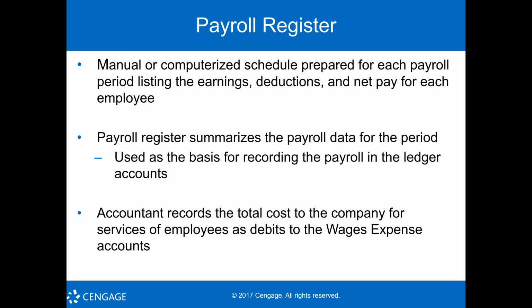We use this register to determine the amounts we need to record the payroll journal entry for. And just like it shows here, the accountant records the total cost to the company for services of employees as debits to wage expense. It could also be called salary and wage expense, right? That's another way that we've heard it in the past.